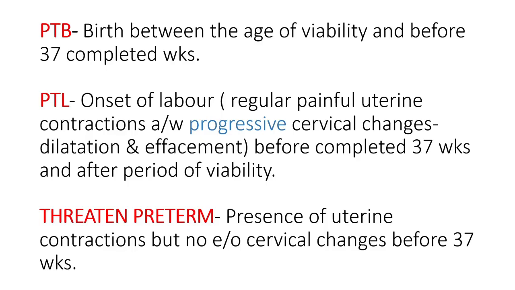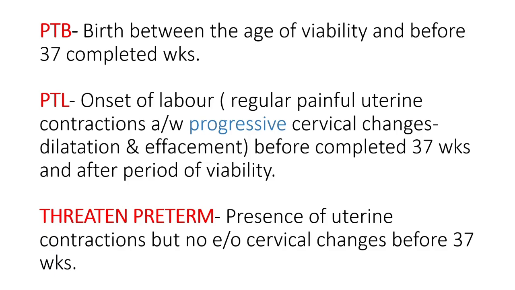Preterm labor is the onset of labor, that is regular painful uterine contractions associated with progressive cervical changes, that is dilatation and effacement, before completed 37 weeks and after the period of viability.